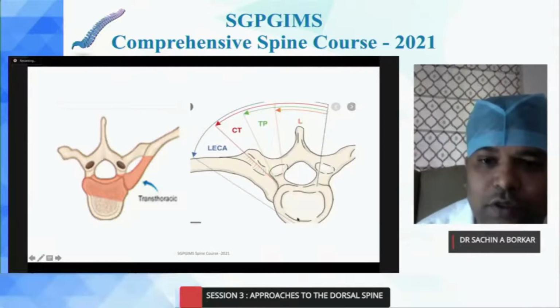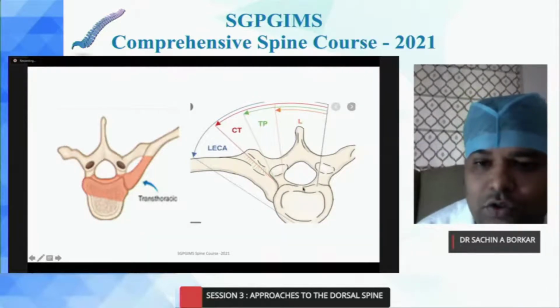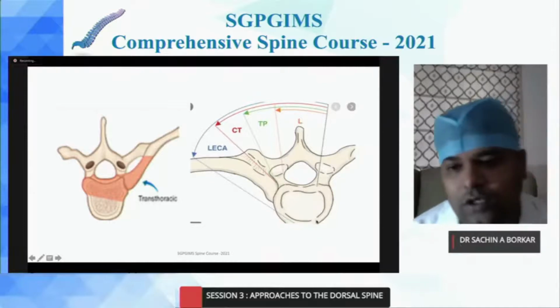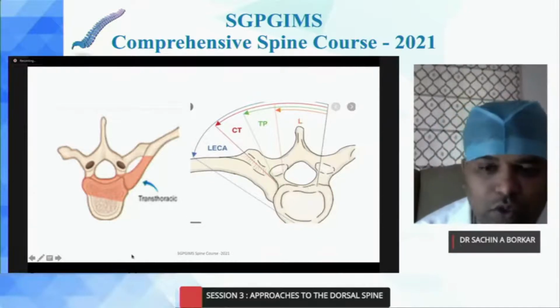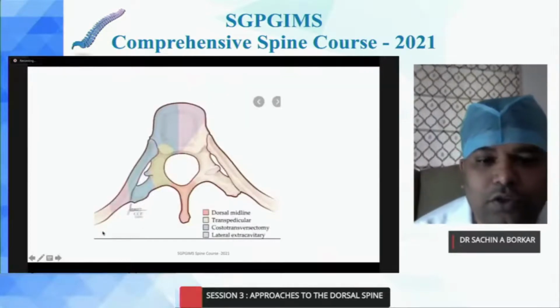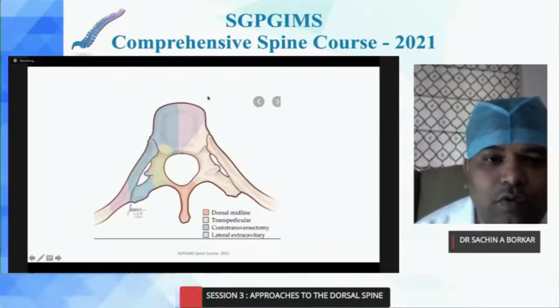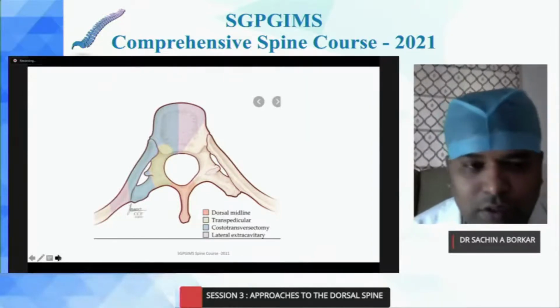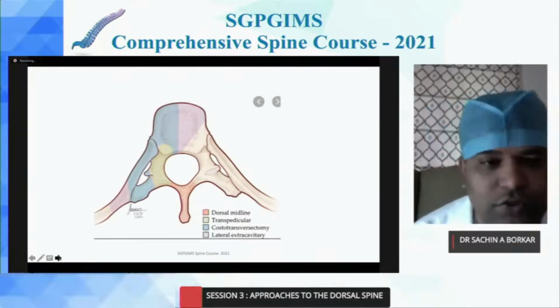So transpedicular will reach here, the costotransversectomy can almost reach the midline, and LECA can even go to the ventral aspect as well as beyond the midline. As you can see in this diagram also, the LECA can provide exposure almost till the opposite side and a very good decompression, and obviously the cord is preserved, but it will require progressively higher rib resection.